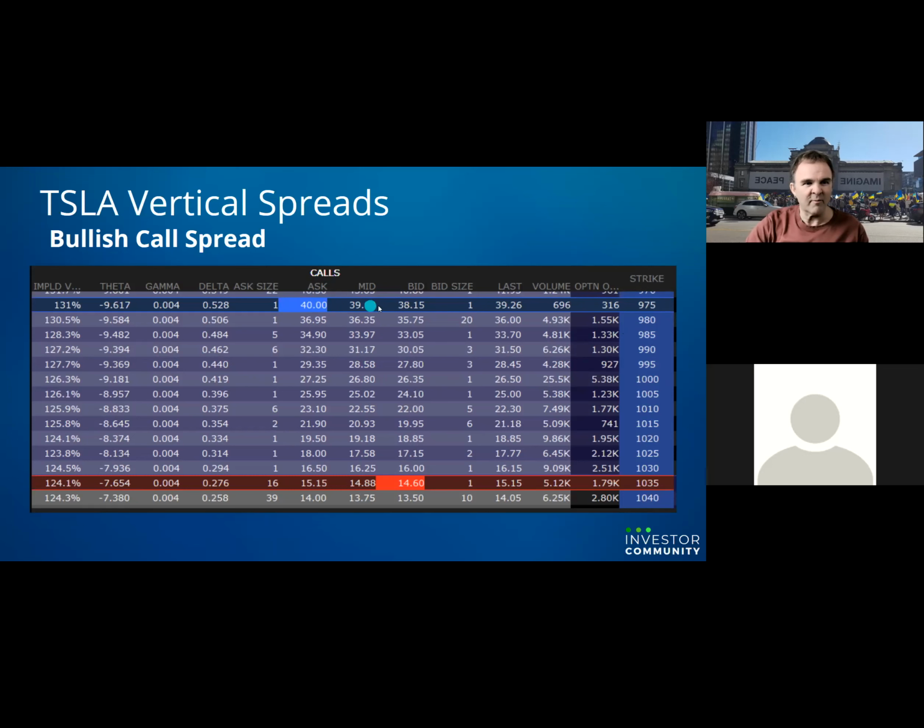It should only cost me about 39 or so, at the midpoint on these. And we're going to sell the 1035 call, and we're going to receive $14.60.